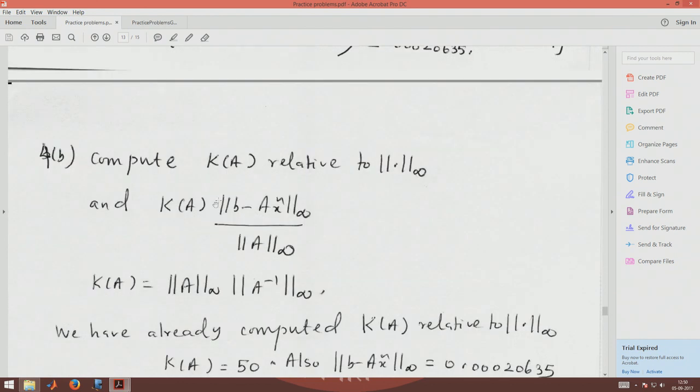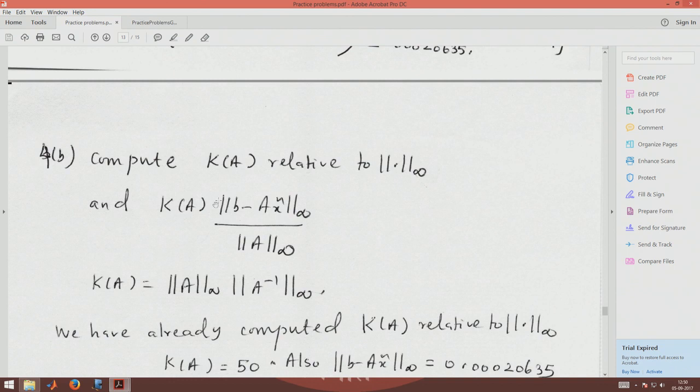So, you will be in a position to compute the absolute error which is norm x minus x tilde as well as the norm of the residual R which is norm Ax tilde minus b with respect to any norm that will be asked.